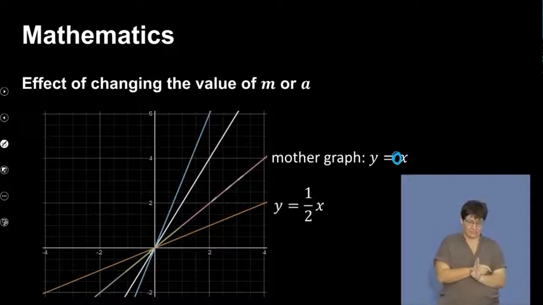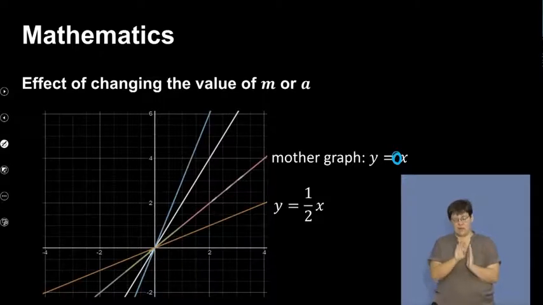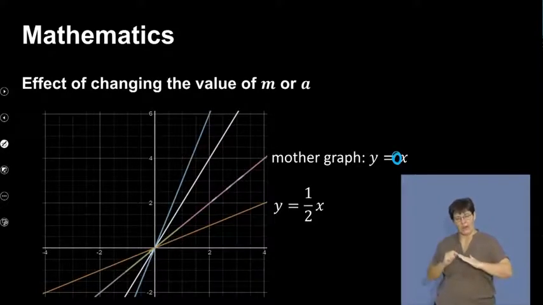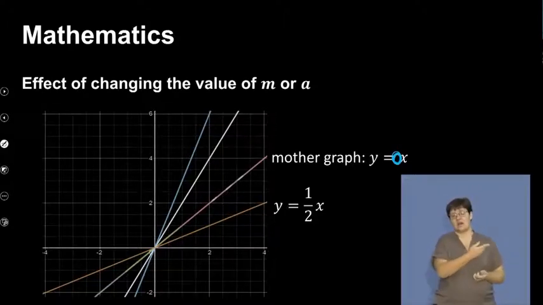If I make it a half, it means this becomes less steep, because we did say the bigger the value, the steeper the line is. But now this is a small value from 1, because if there is no value in front of the x, it means that is 1. So if there's nothing there, it's 1. Half of 1 is half itself. So that's why it is a bit shallow.